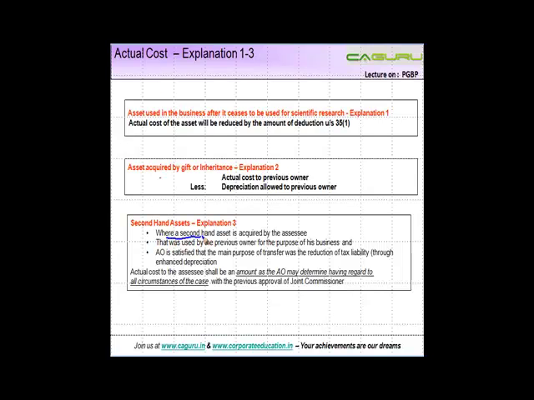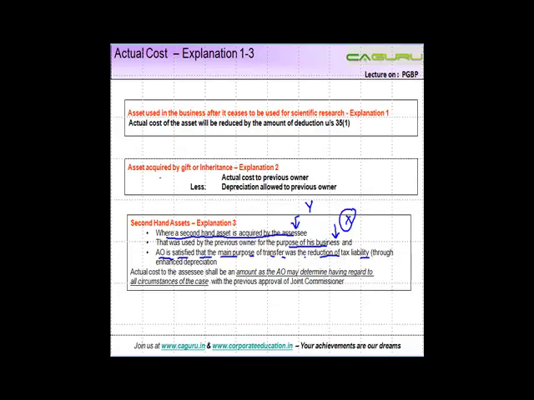Where a second-hand asset is acquired by the assessee. Who's the assessee in this case? Y. That was used by the previous owner for the purpose of his business. Now please note, it should be used by the previous owner for the purpose of his business, which is X. If it is not used for business, then this is not applicable. And the AO is satisfied that the main purpose of transfer was reduction of tax liability.